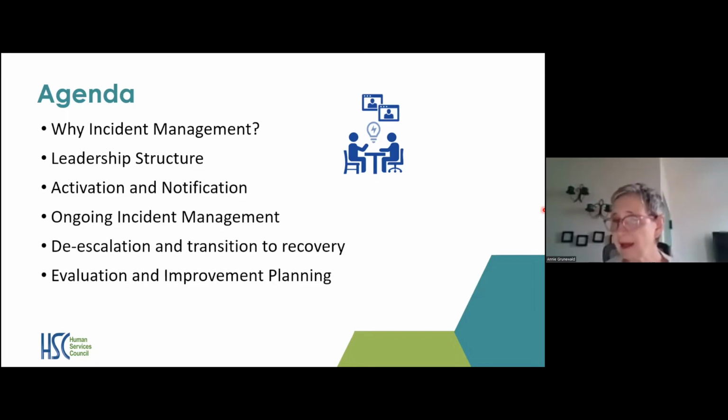And then Rebecca is going to start looking at how you manage your team through an actual long-term disaster where you're having to focus on continuity and recovery. We're going to look at our cycle in just a moment. And then de-escalation, how do you transition? And then how do you take everything that you learned and ensure that it's embedded in your planning documents, in your planning approach?